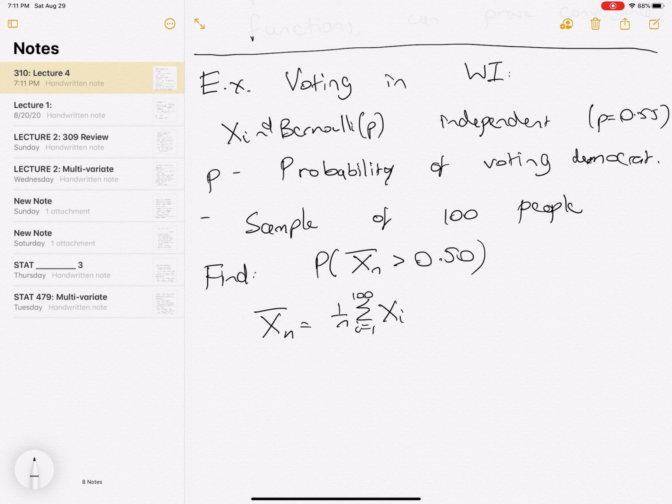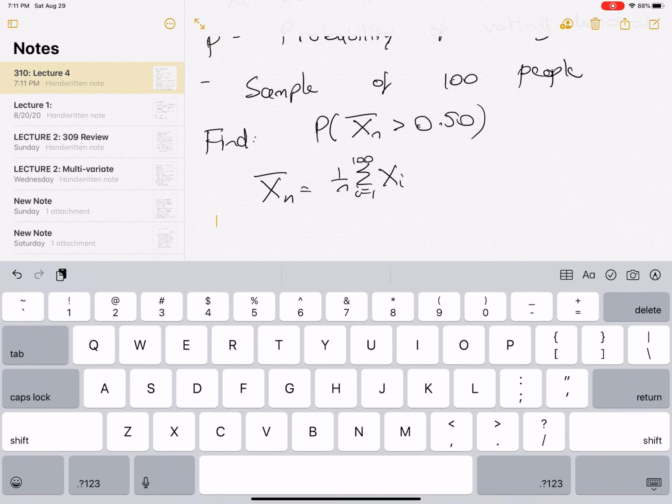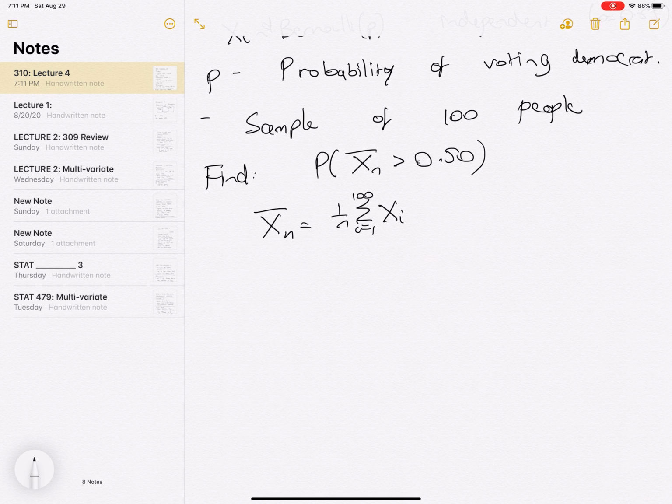This is what we want to find, and we're going to use the central limit theorem.